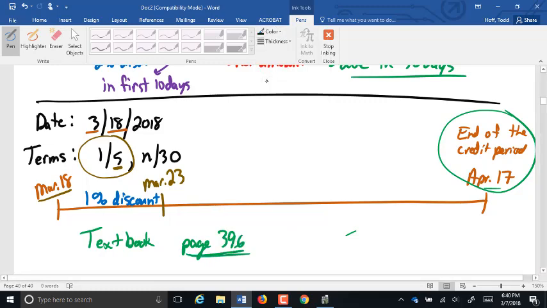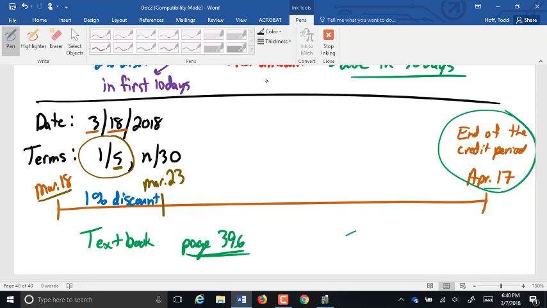There is a calendar that has all the days listed out from January 1st to December 31st, and they are numbered. And it is still 396 even in the new version of the textbook.